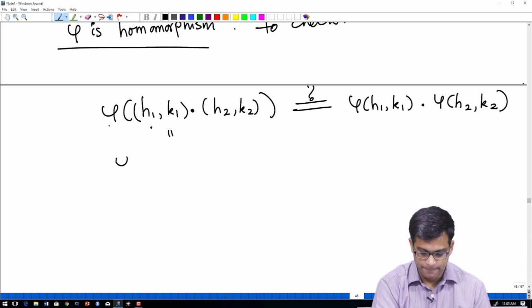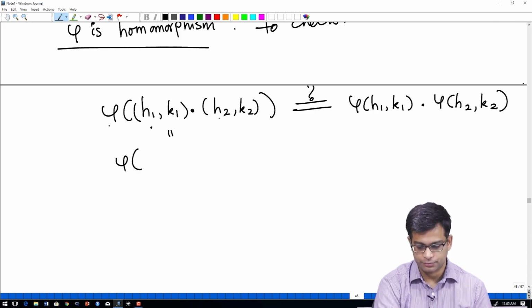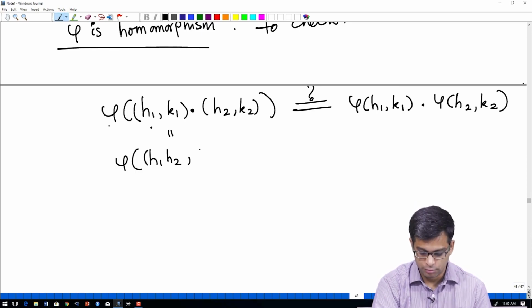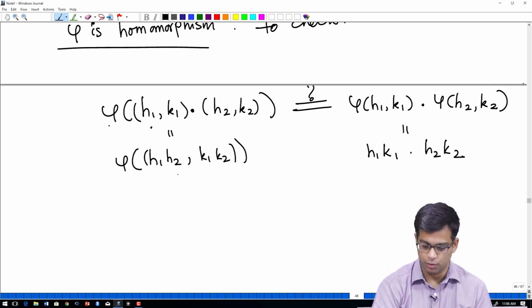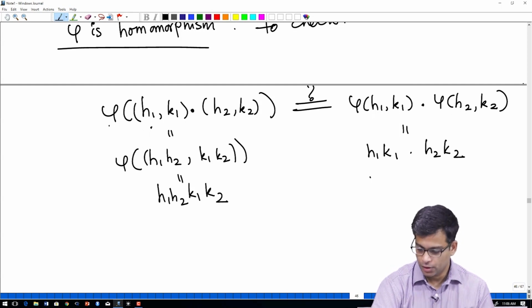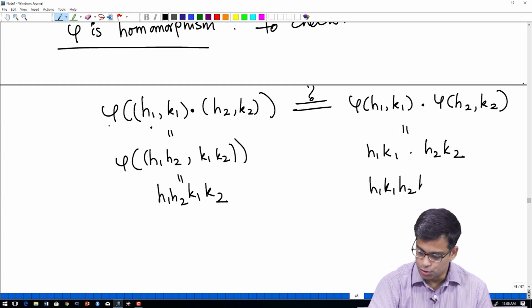So what is this? Remember, the product is component wise. Phi of h1 k1 is h1 k1, phi of h2 k2 is h2 k2, so this is h1 h2 k1 k2, versus h1 k1 h2 k2.